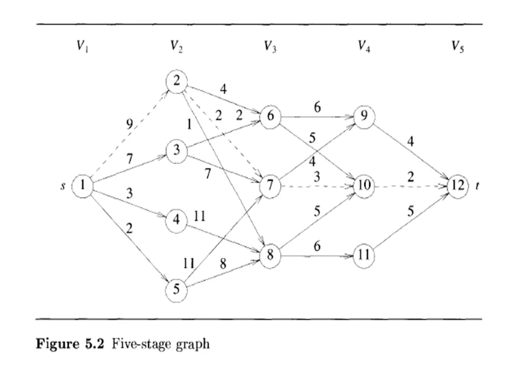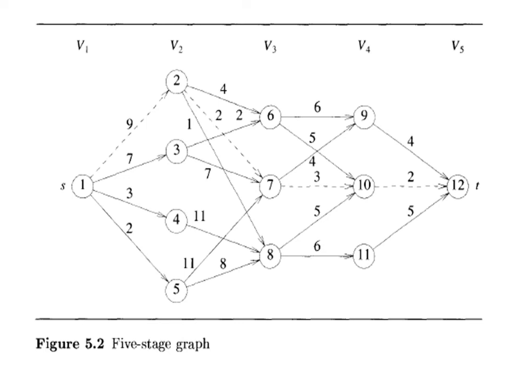So consider this graph. This graph contains 5 stages, that is V1, V2, V3, V4 and V5. If I consider this as the first stage V1 and V5 as Vk, then V1 and Vk have single nodes, called the source node and the sink node.